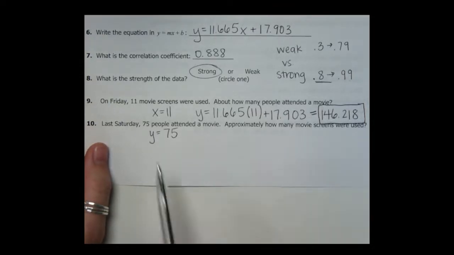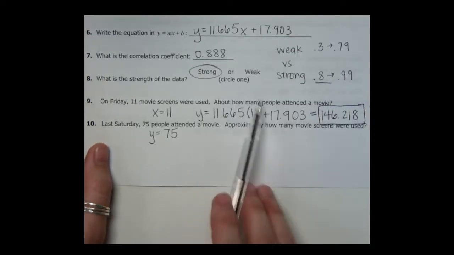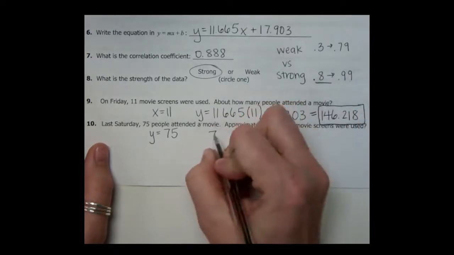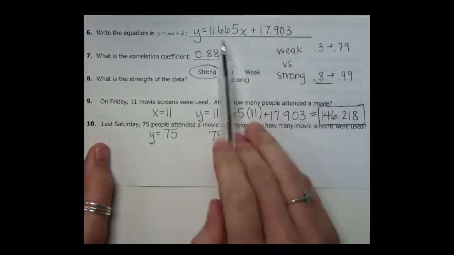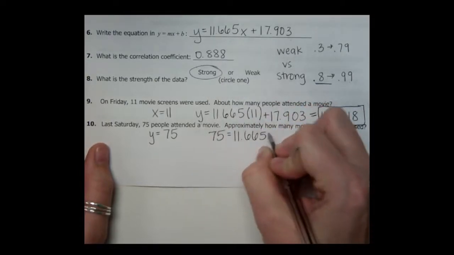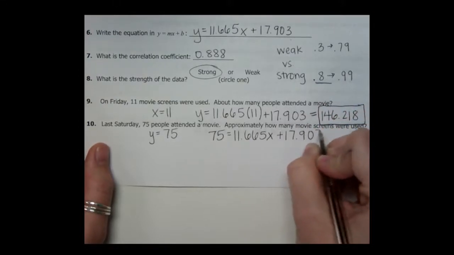So now we're going to plug this one into the Y spot instead of into the X spot. So here's my equation up here. I'm going to plug in 75 for Y equals 11.665X plus 17.903.